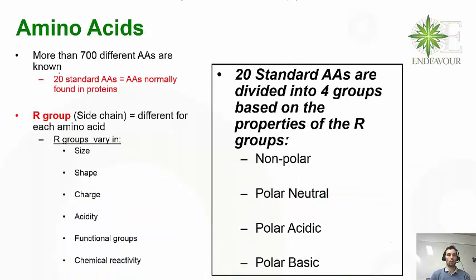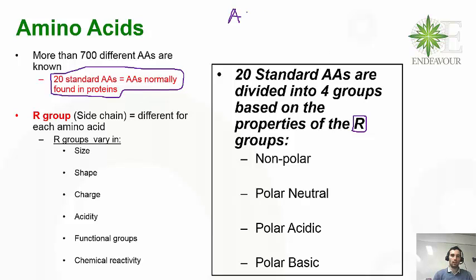Alright, so we're going to focus on these 20 standard amino acids that we naturally find in our proteins. Of these amino acids, they're all different because they have different R groups. Remember, the R group is the part of the amino acid that changes from one to the next.